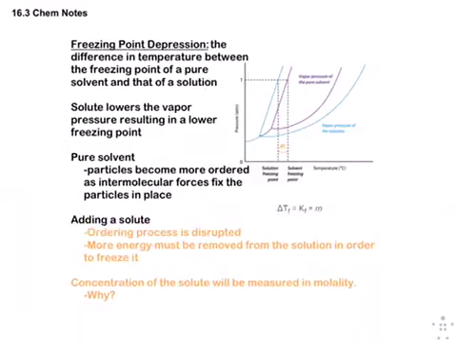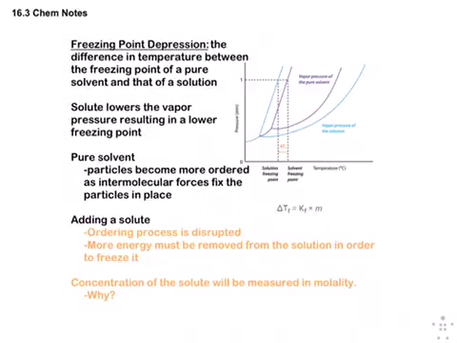All right, so these colligative properties not only influence your vapor pressure, but they also influence the freezing point and boiling point of a solution. The freezing point depression is the difference in temperature between the freezing point of a pure solvent and that of a solution.